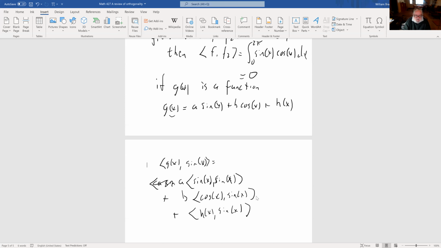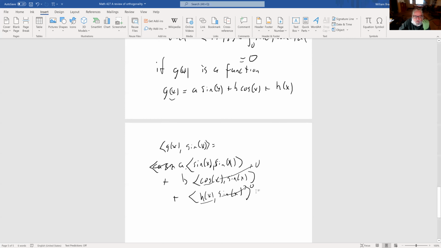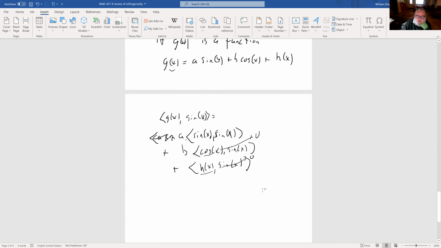This is a times the inner product of sine x with itself. The cosine term is 0 because cosine x and sine x are orthogonal. And this is 0 because h of x and sine x are also orthogonal. And likewise, you can find B.